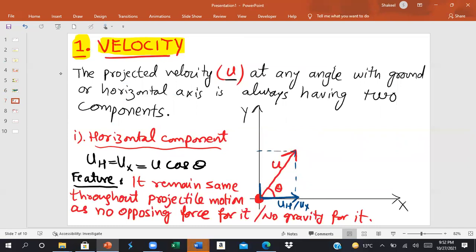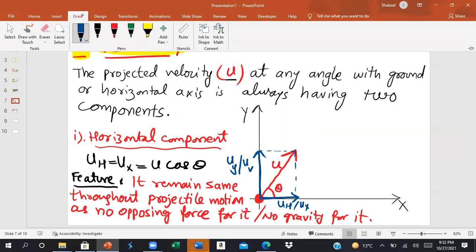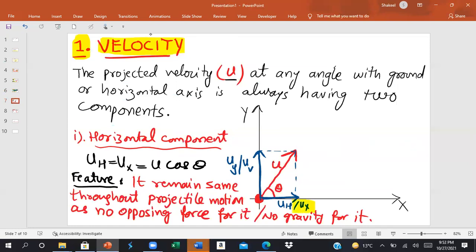And the second component will be along the y-axis, so it will be uy or uv. So it means any projected velocity at some angle with the ground has 2 components, horizontal and vertical. As in vectors, we are already aware that this uh is adjacent to the angle, so its value is u cos theta.